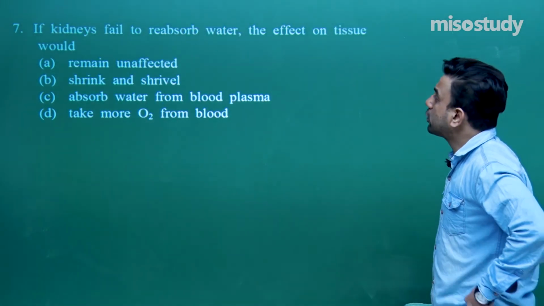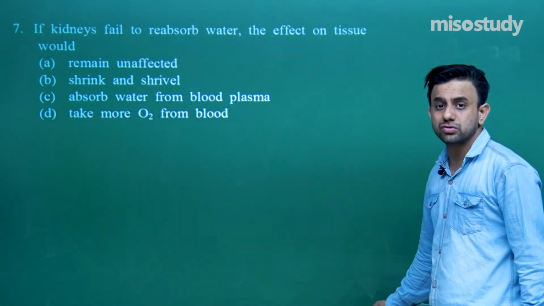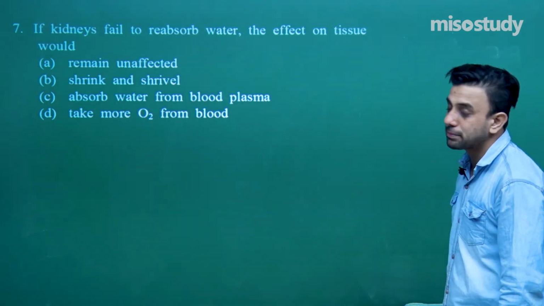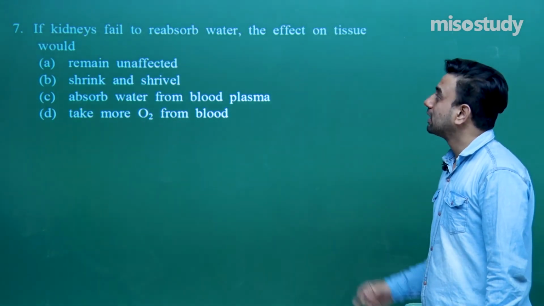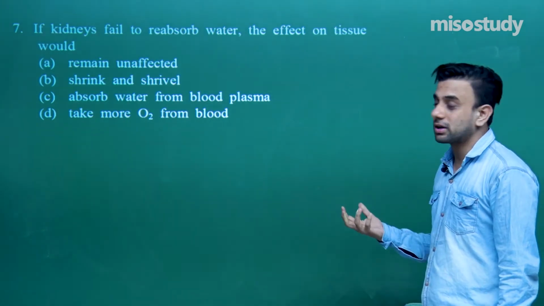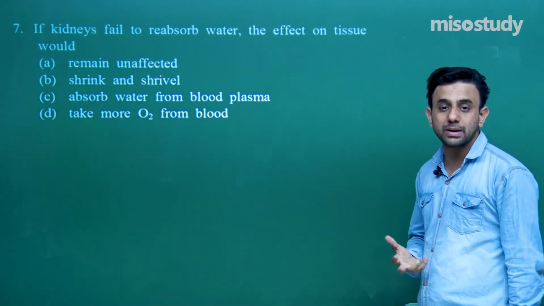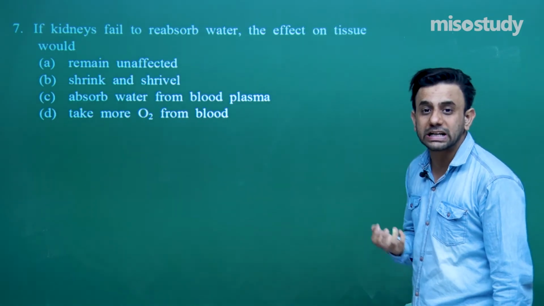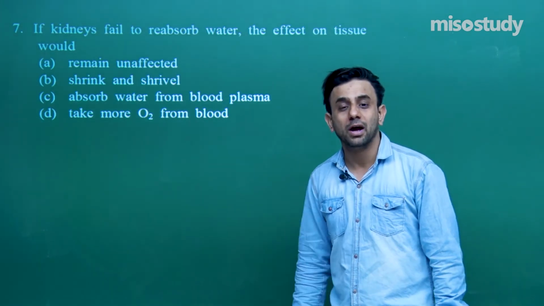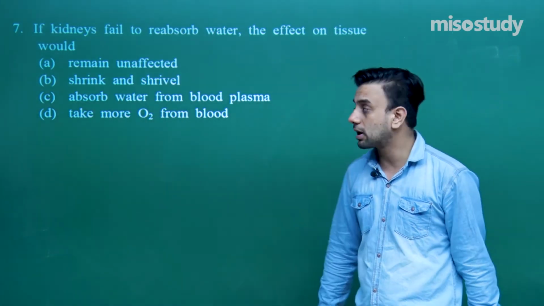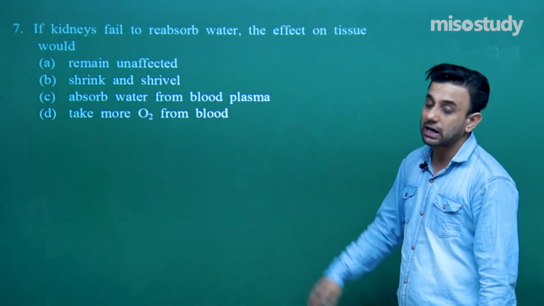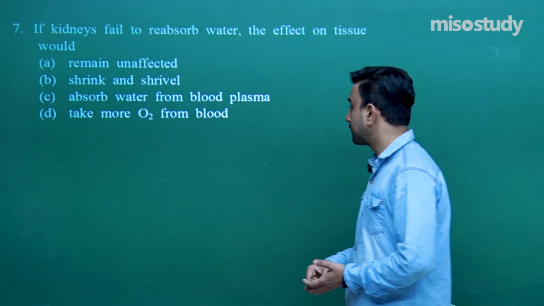If the kidneys fail to reabsorb water, the effect on tissues would be what? Absolutely, this is so simple. If you ask a layman, the kidneys are not reabsorbing water, the water content will decrease from the body, because water is going out of the body, and hence there will be shrinking and shriveling of the tissues, isn't it?